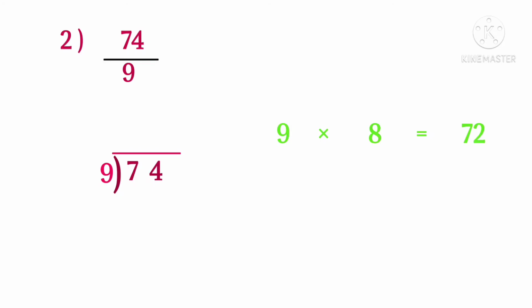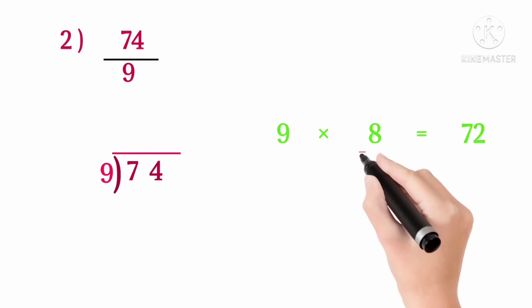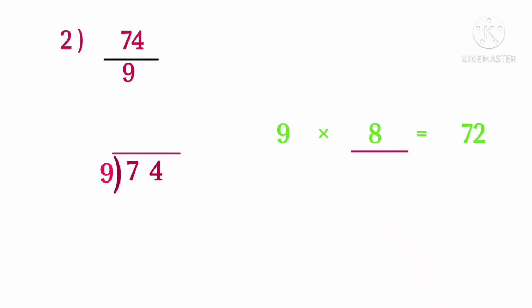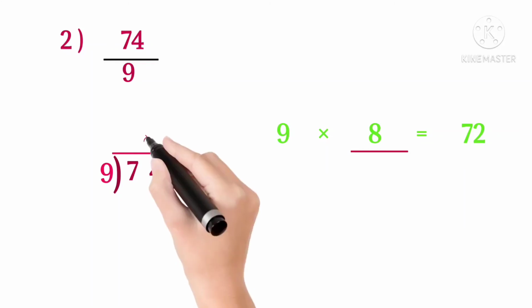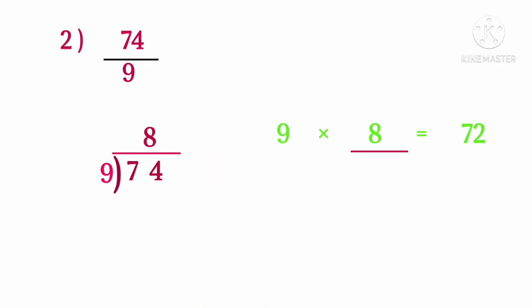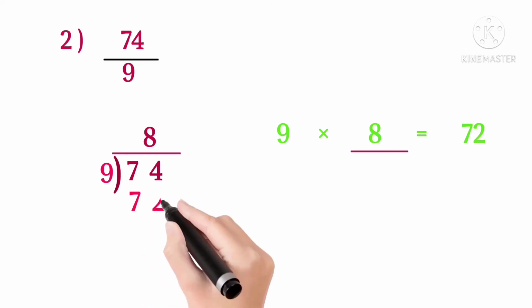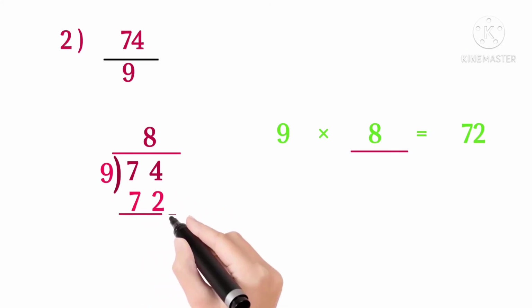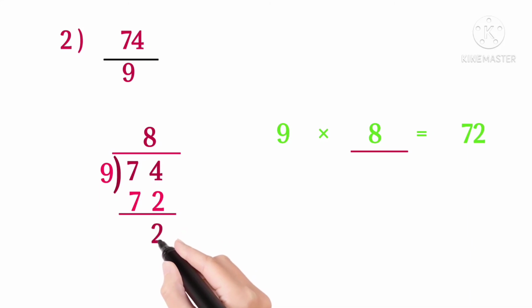How many 9s can we take from 74? 9 8s are 72. Then we write 8 in the quotient and 72 below the 74 and subtract. Then we get 2, that is the remainder.